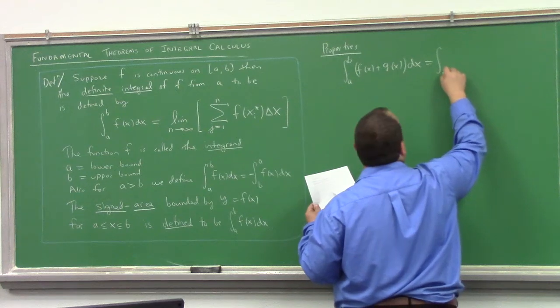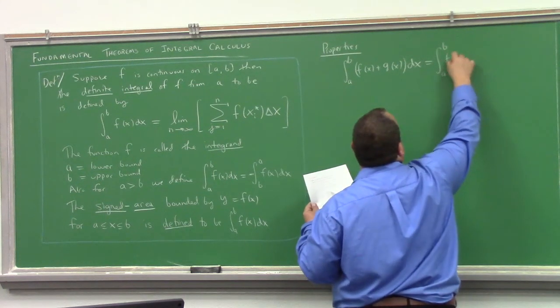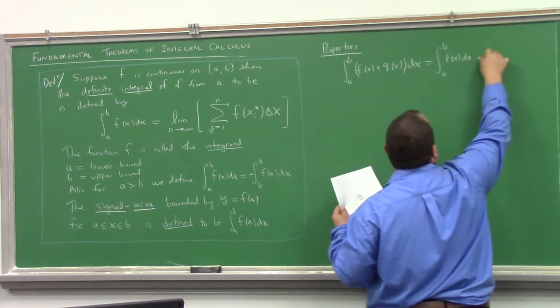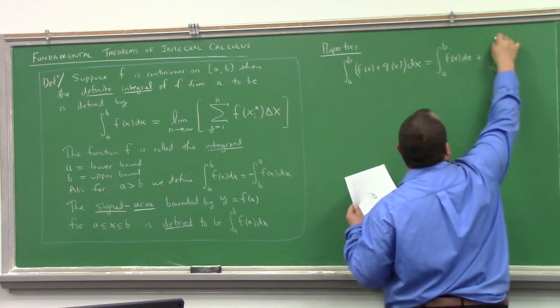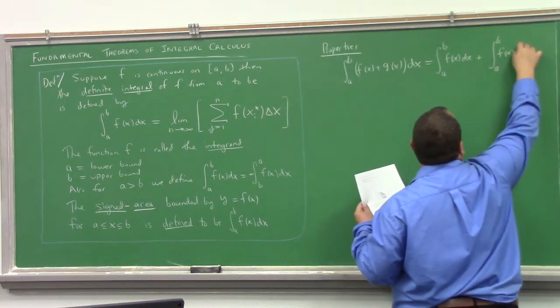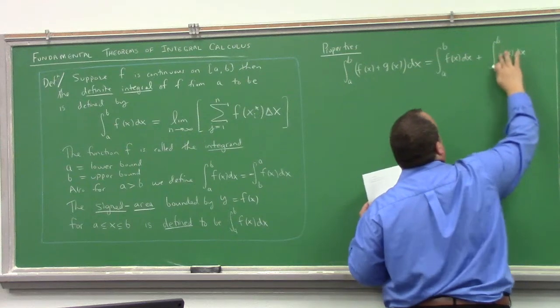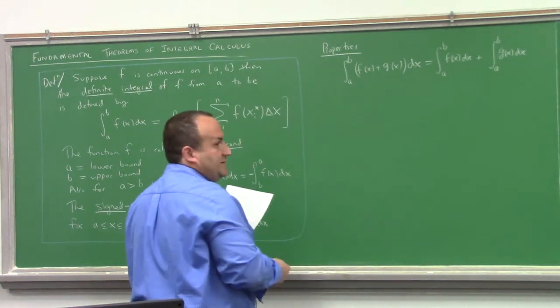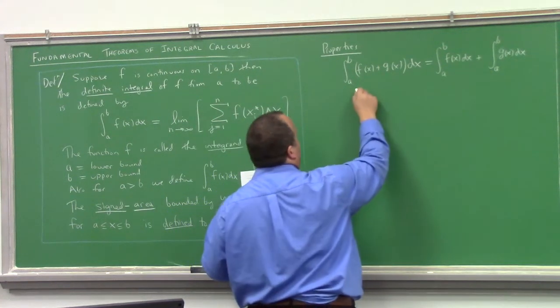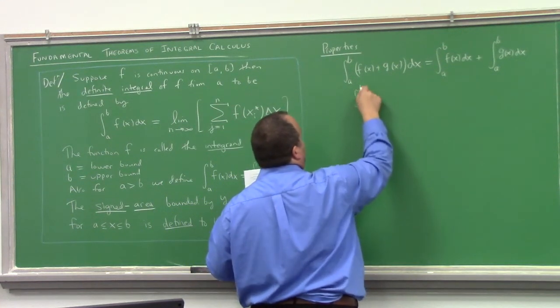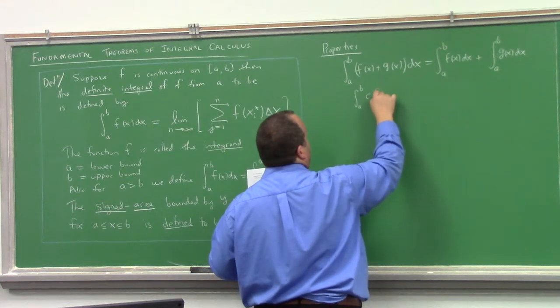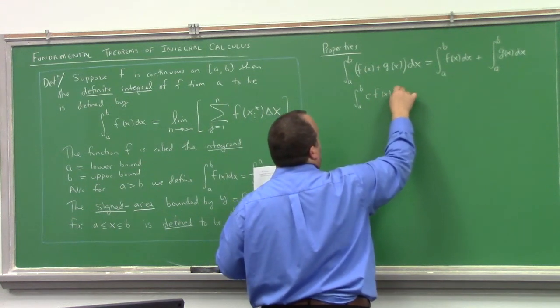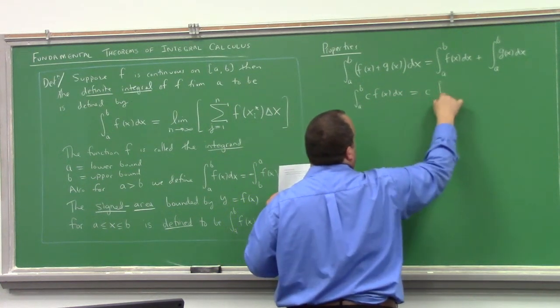So I'm going to save my energy proof-wise for the fundamental theorem. So the integral of a sum is the sum of the integrals, like this. We also have the property that if you have a constant times the function, you can pull the constant out.